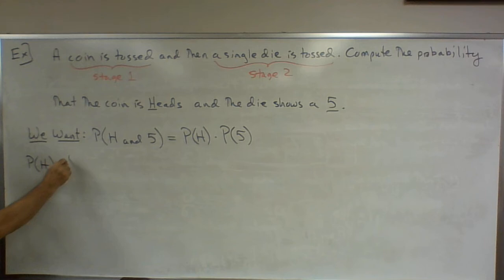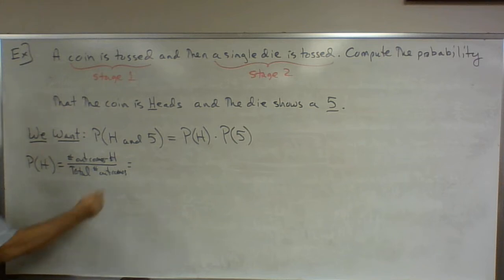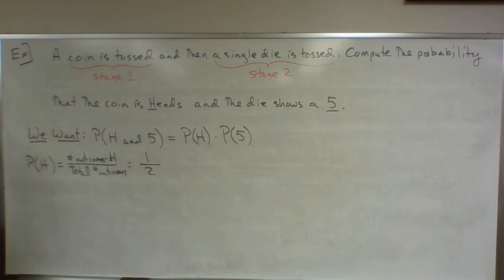Probability of heads, number of outcomes resulting in heads over total number of outcomes. There's one way we can get a head, and there are only 2 outcomes.